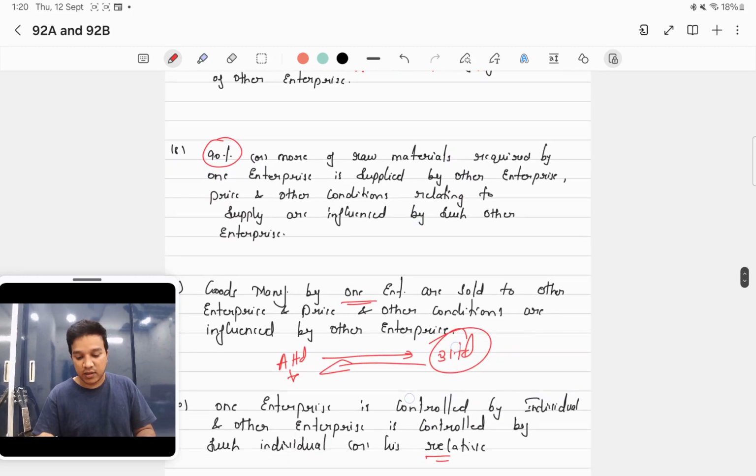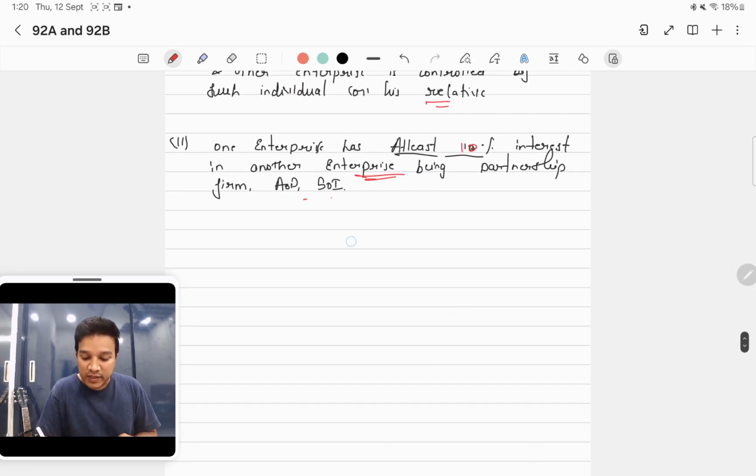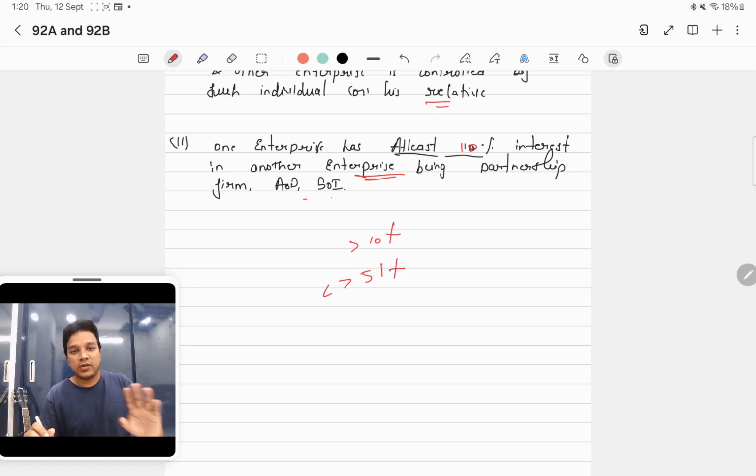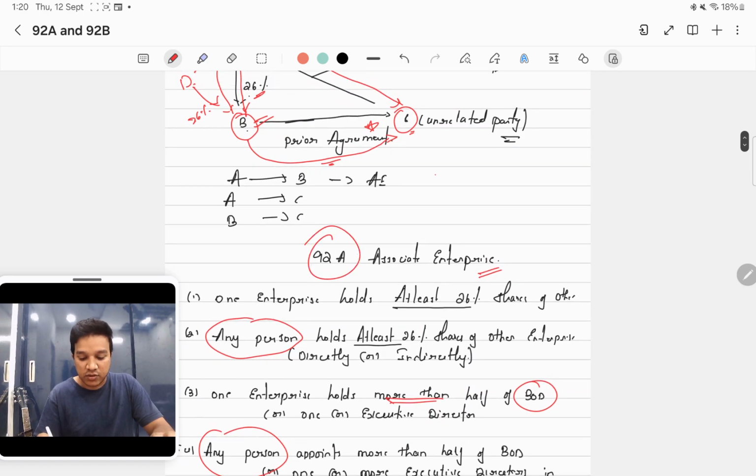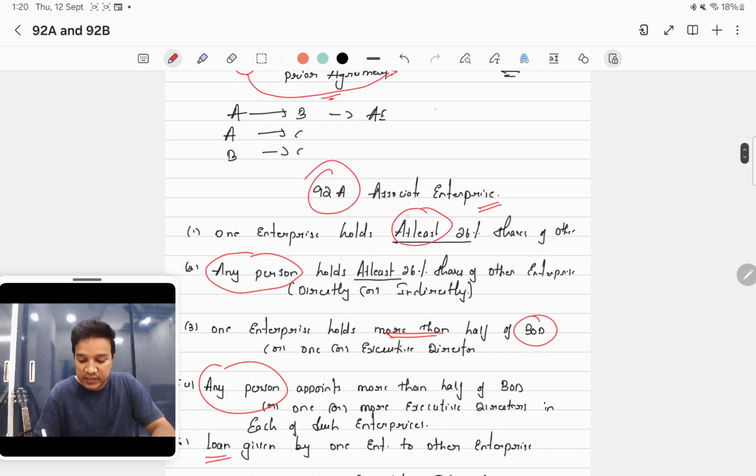Just remember in the exam hall, you should not have doubts about more than or equal to 10% or 51%, greater than, less than, because in this entire section 92, everywhere it is at least 26%. It means even if it is 26%, it is valid. Transfer pricing provisions will be applicable. They both will become associate enterprises.